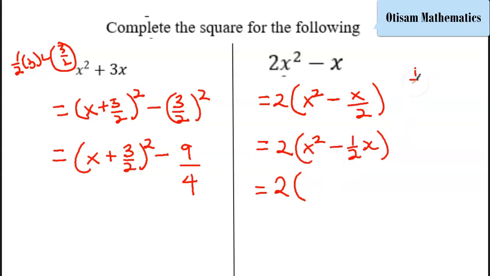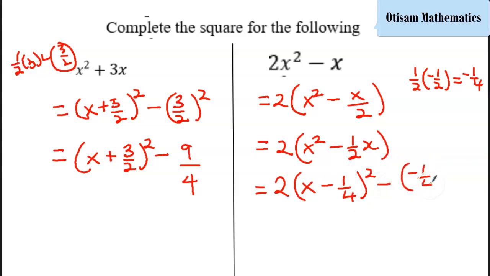Half times the coefficient of the middle term is giving us minus 1 on 4. So you take x, 1x, and this is minus 1 on 4. You square it. Minus, you're going to add that term that you got. Minus 1 on 4 all squared.